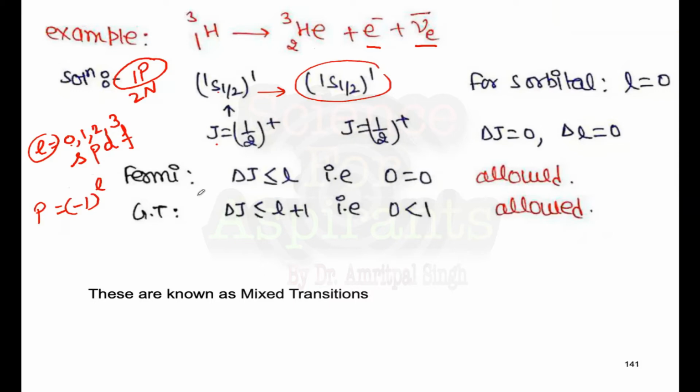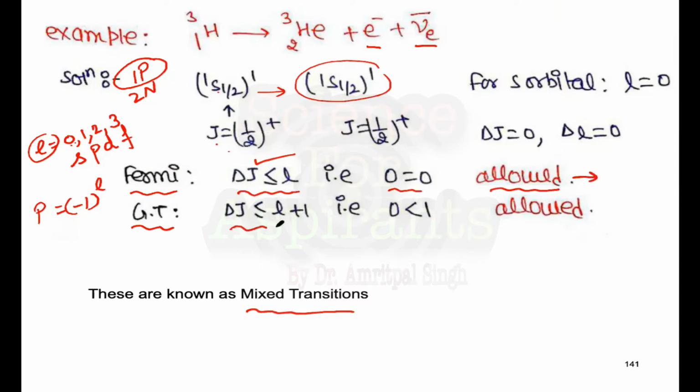So here, this is the key point. How can we find out whether it is a Fermi allowed transition, a GT allowed transition, or whether it is allowed for both, which are also known as mixed transitions? You can see the value of delta J is from 1 by 2 plus to 1 by 2 plus. So delta J, compared with less than or equal to L, where L is 0, so 0 equals 0, and it satisfies this rule, so it is allowed for the Fermi rule.